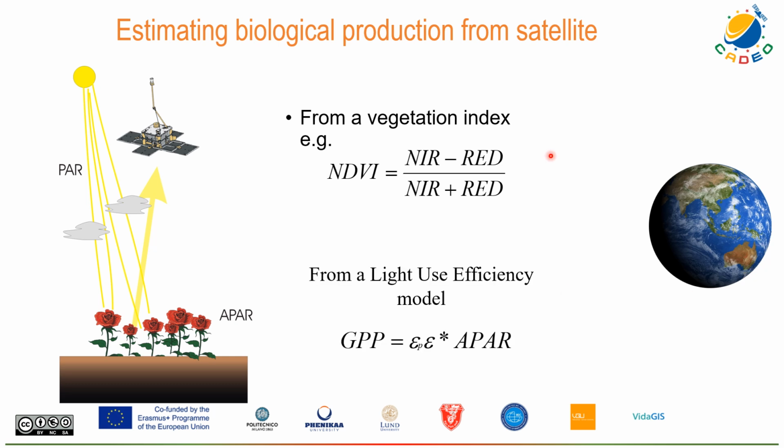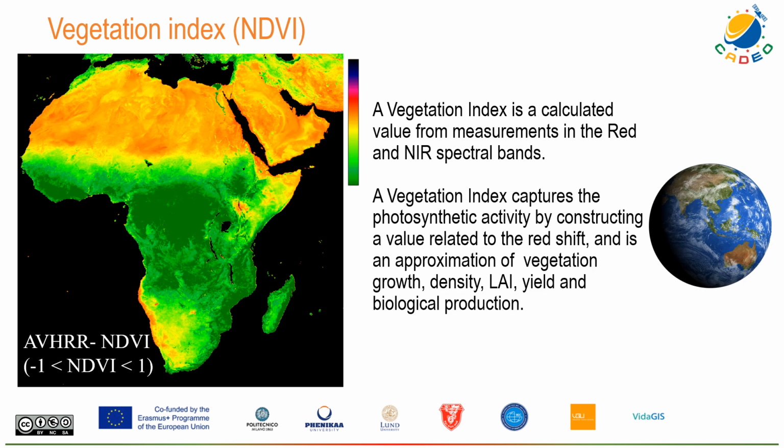There are other possibilities to model gross primary production or biological production from a light use efficiency model, where we also use the amount of APAR and multiply it by some plant potential growth value. We will not go into that so much. We stay with the vegetation index, and we saw before the formula for the NDVI.